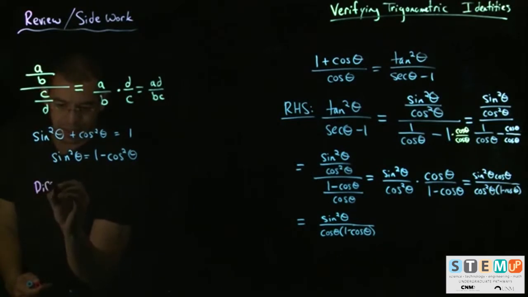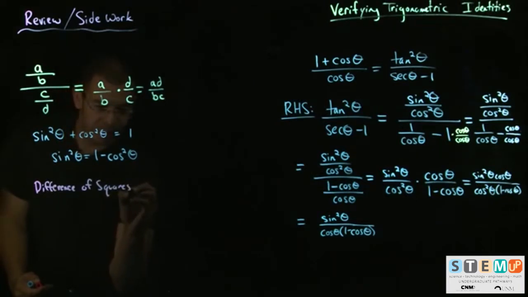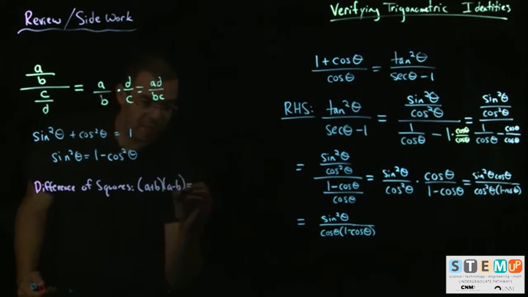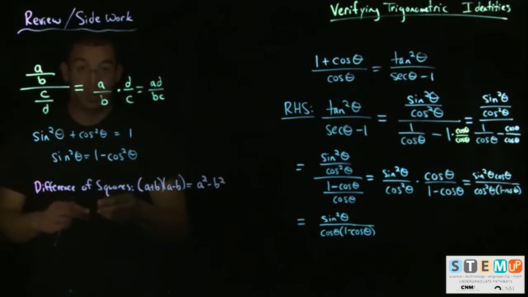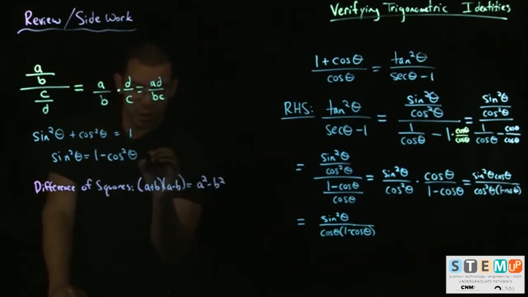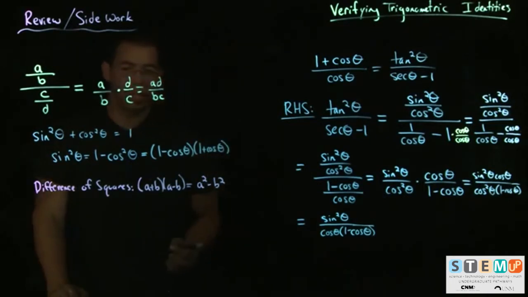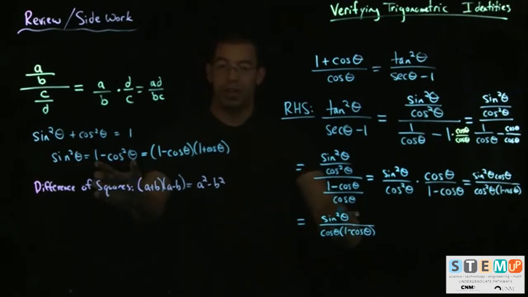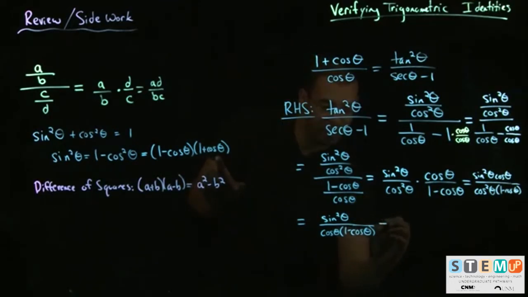Our difference of squares is that a plus b times a minus b is equal to a squared minus b squared. So here we have the a squared minus the b squared. So we can write this as 1 minus cosine theta times 1 plus cosine theta. So let's make that substitution. Sine squared, which is equal to 1 minus cosine squared, is equal to 1 minus cosine theta times 1 plus cosine theta.